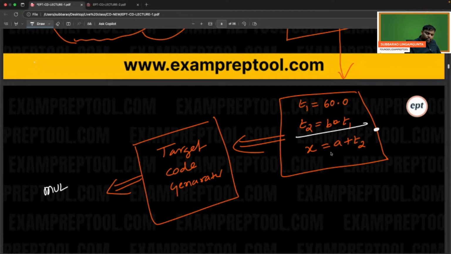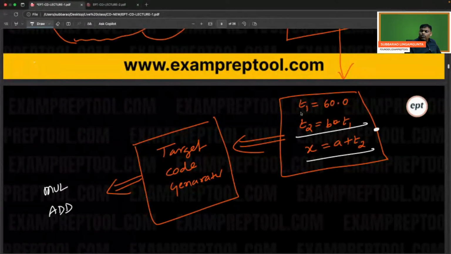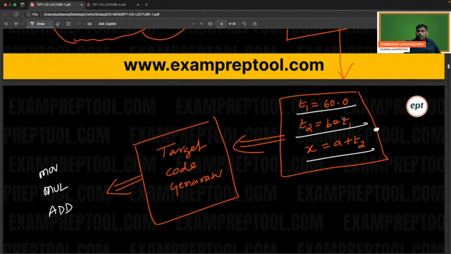Some more statements are there, maybe move. So like that he will do, just corresponding things. By seeing this one, mul. By seeing this one, plus. By seeing this one, assignment, maybe move. So just he will do mapping.